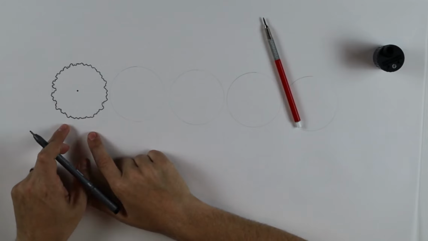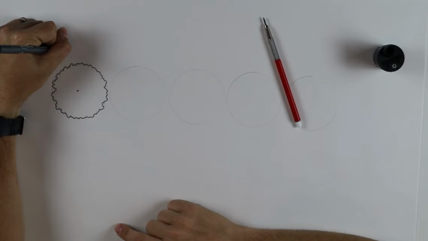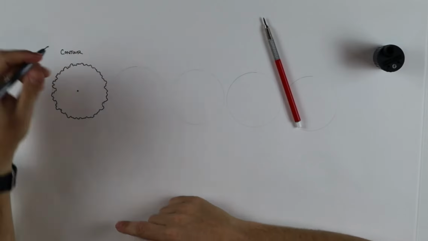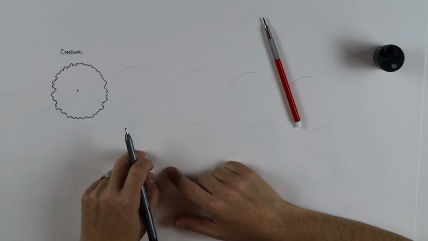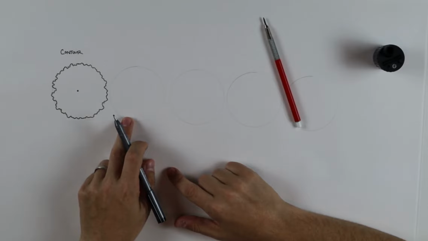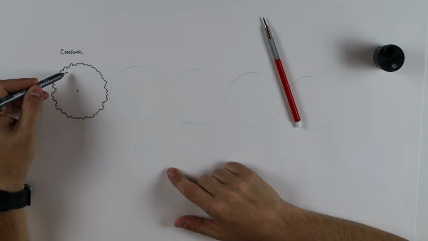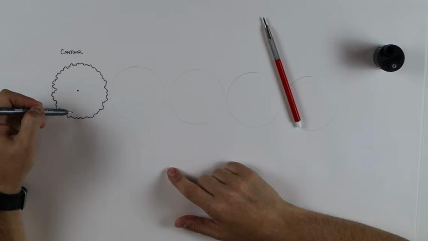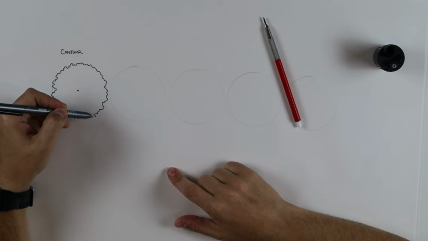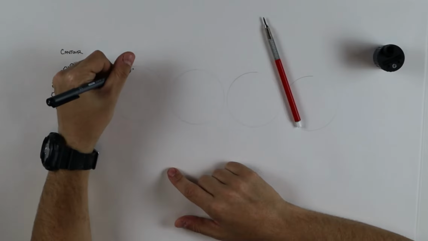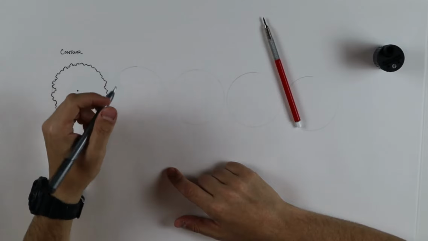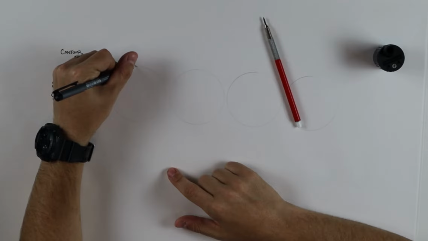So now I'm going to take that idea, and so this is just your basic contour tree. I'm going to take that idea and I'm going to move it one step further. I'm going to do the contour tree again, but this time I'm going to be a little more liberal with my indentations. Maybe I'll come in a little more on the lower part, and then I'm going to also add some texture to it. So once again, I'm going to start from the top.